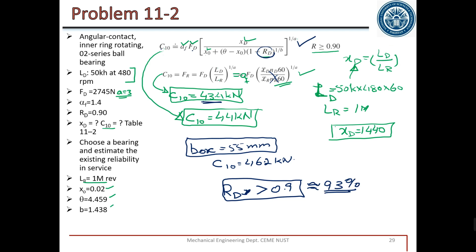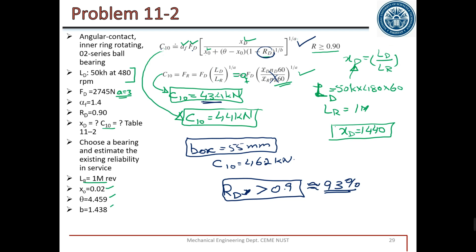Just calculate the value. So that is the method of selecting a bearing, and then after selecting the bearing, checking the reliability of the finally selected bearing. We started with a reliability of 90%. In other words, we wanted to select a bearing for which we can allow a failure of 10 bearings out of 100, or 1 in 10 failures are allowed.